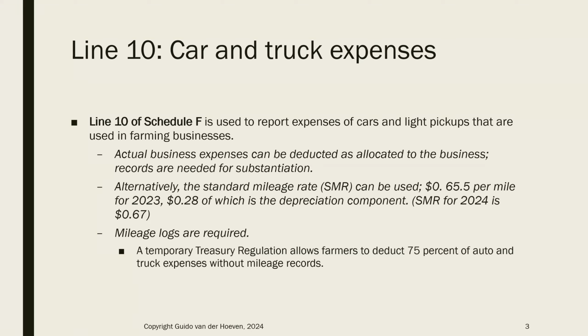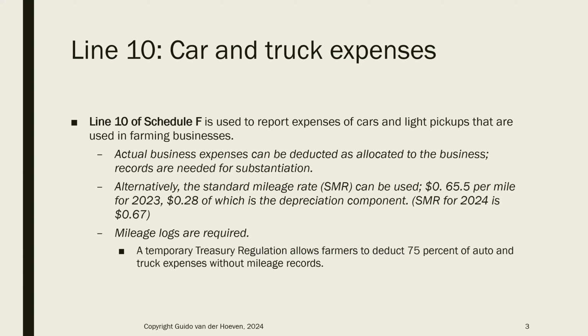Alternatively, the IRS has what's called the standard mileage rate, or SMR, a simplified method. For 2023, it's 65.5 cents per mile. For 2024, as you can see, the SMR increased a little to 67 cents.